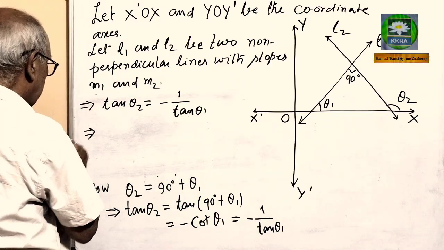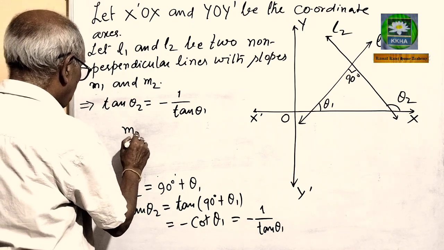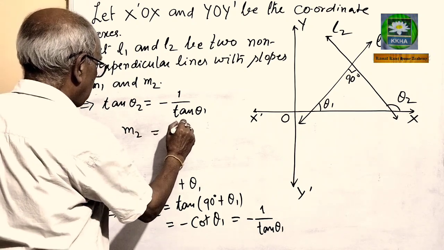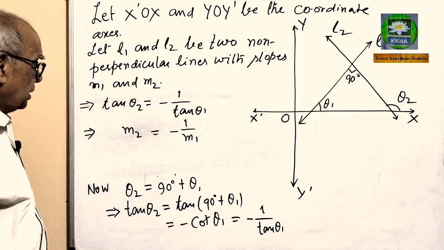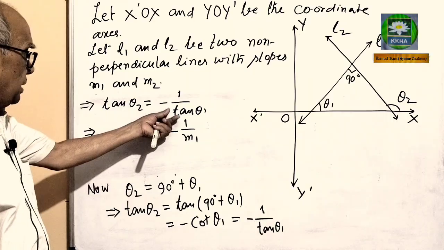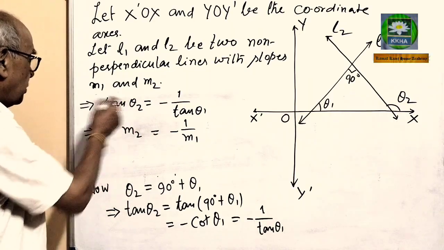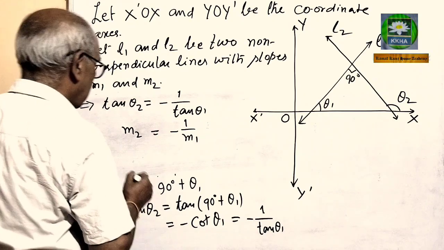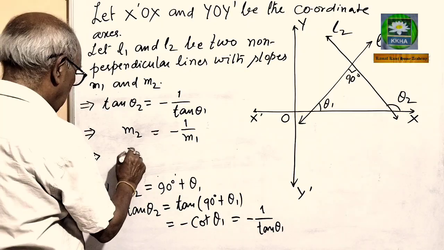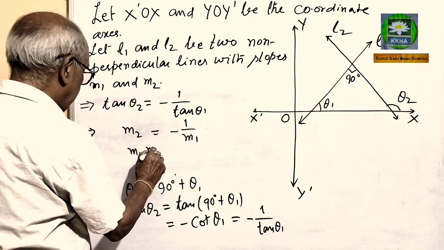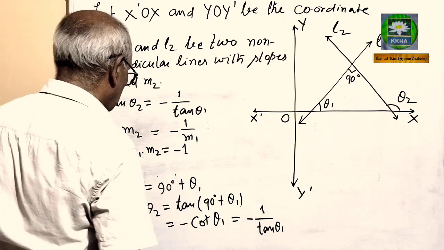This implies that slope m2 is equal to minus 1 upon slope m1, because tan theta 1 is the slope of line L1 and tan theta 2 is the slope of line L2. This implies that m1 multiplied by m2 is equal to minus 1.